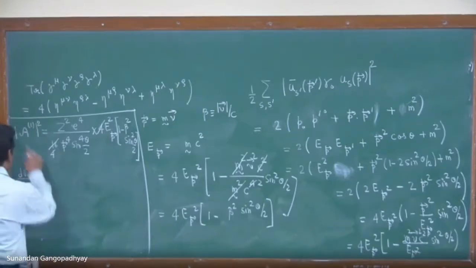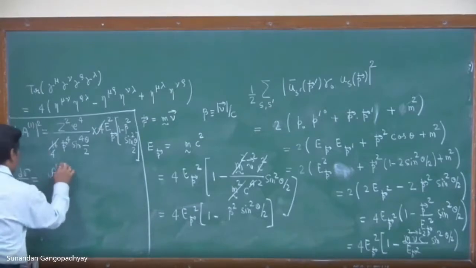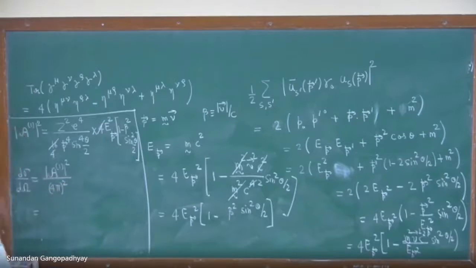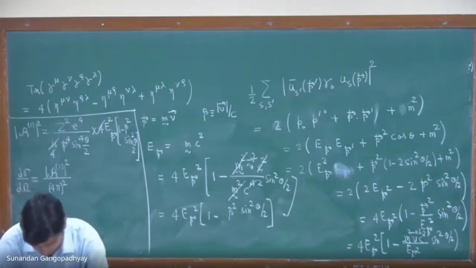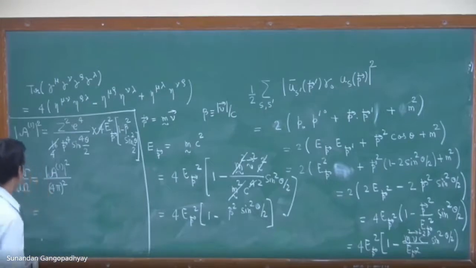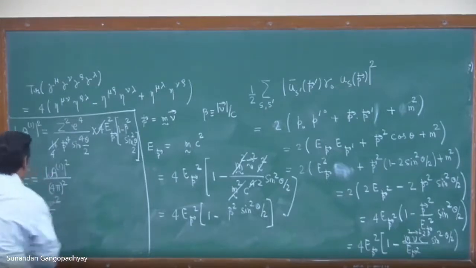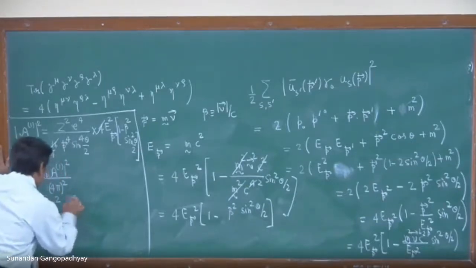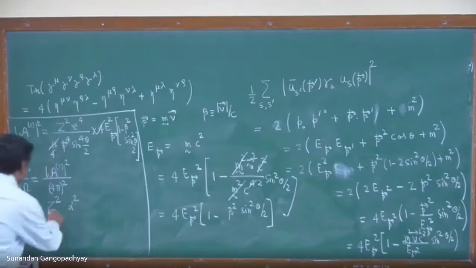You just write this A1 square by a factor of 4 pi whole square. This will give us e square by 4 pi, which is alpha, as I defined before. So e square by 4 pi whole square is nothing but alpha square, the fine structure constant that I defined earlier.